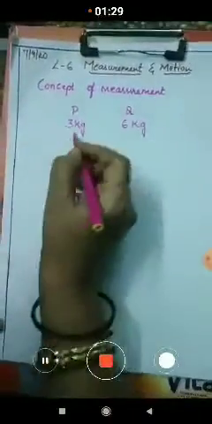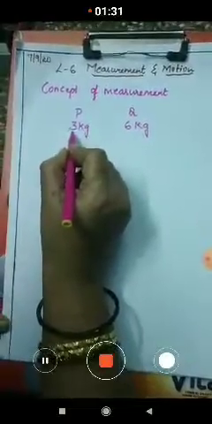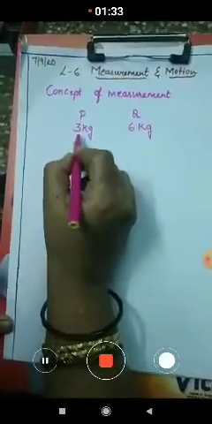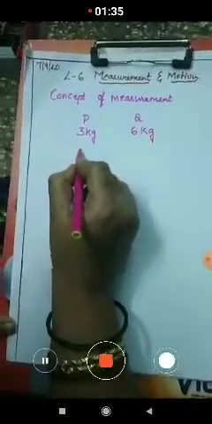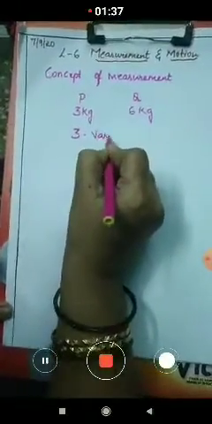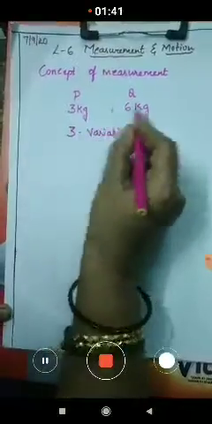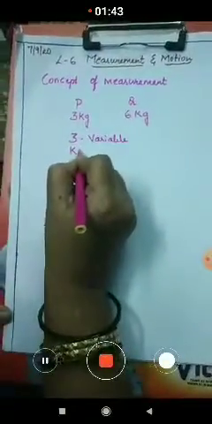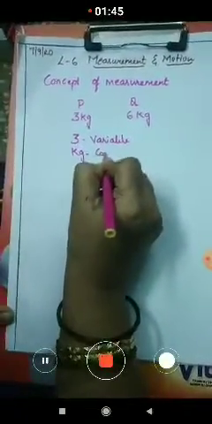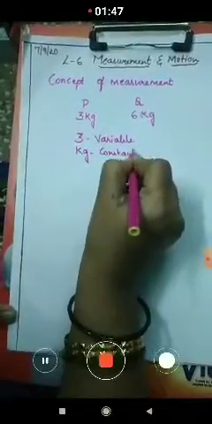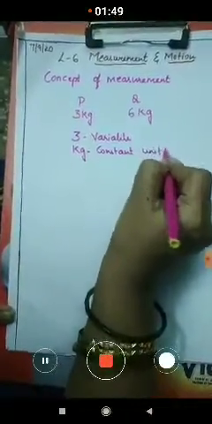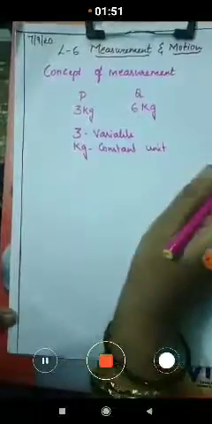Now here we have two things. The 3 is the variable, it goes on changing from person to person, and kg is the constant unit. Here kg is the constant unit.